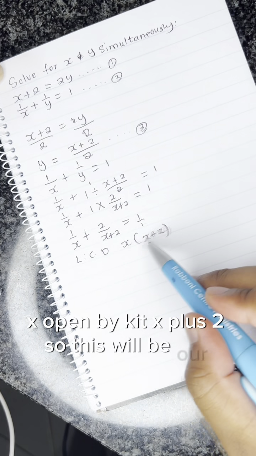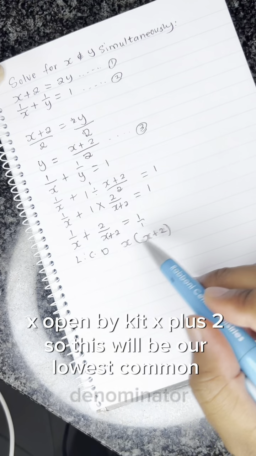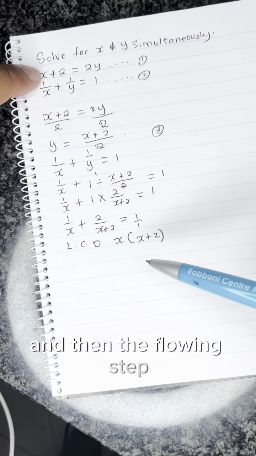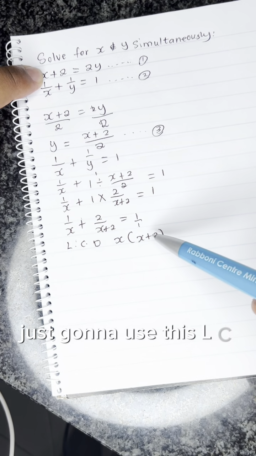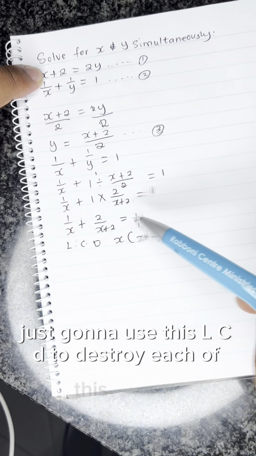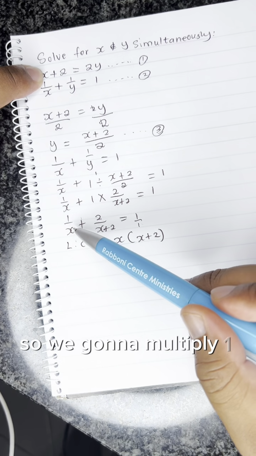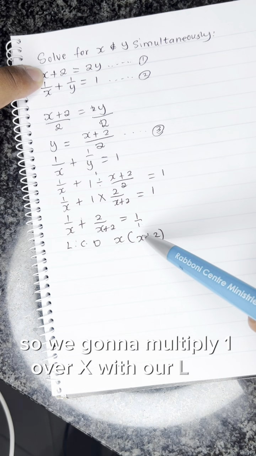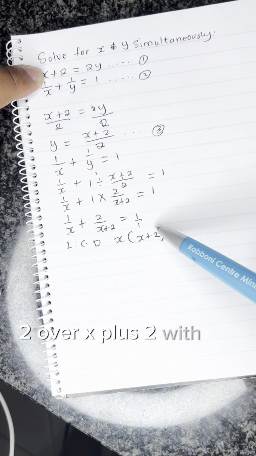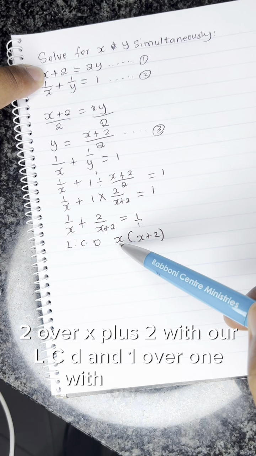So this will be our lowest common denominator. And then we use this LCD to destroy each of these fractions. We multiply 1 over x with our LCD, 2 over x plus 2 with our LCD, and 1 over 1 with our LCD.